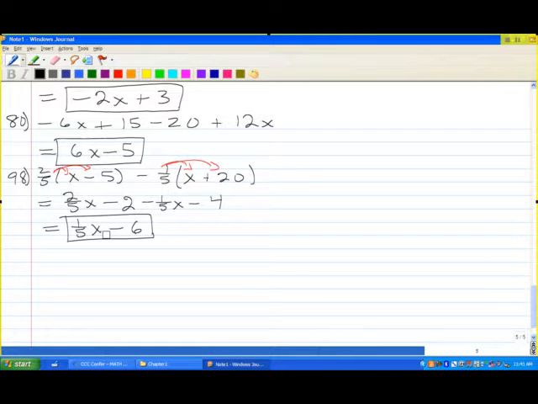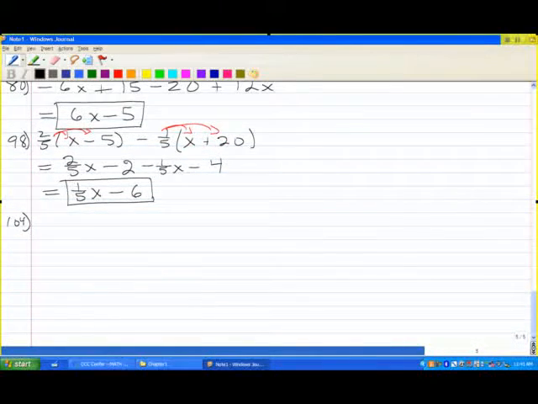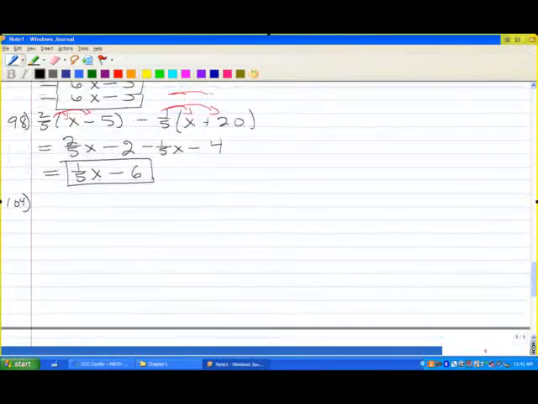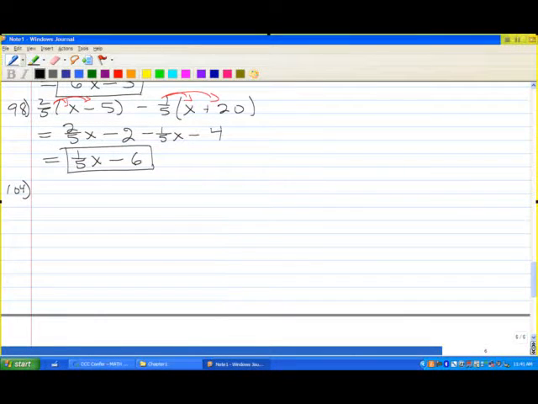Let me do problem 104. In exercises 103 through 116, convert the word phrase into a mathematical expression, use x as the variable, and simplify the resulting expression. So we're going to, again, have an expression, and we will want to simplify this expression.